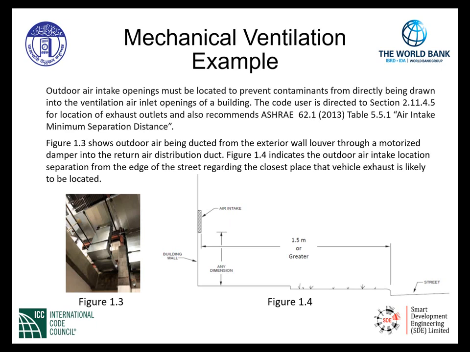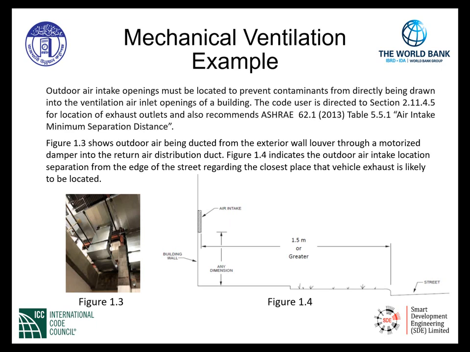Figure 1.3 shows an outdoor air intake being ducted from the exterior wall louver through a motorized damper into the return air distribution duct. Adjacent to that, figure 4.1 indicates the outdoor intake location separation from the edge of the street regarding the closest possible point that vehicle exhaust is likely to be located.